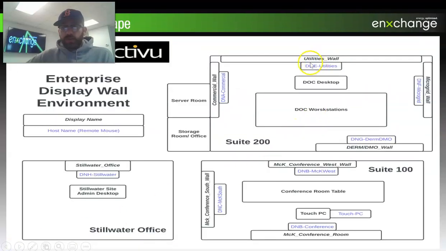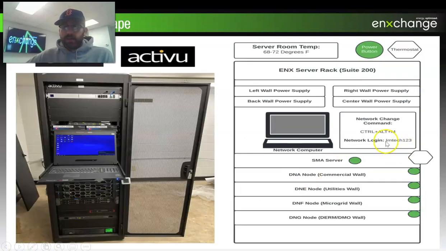So if you want to go to, say, the utilities wall, I know that this is actually DNE. That's display node E is what that stands for. I can go in here and click Control-Alt-M and navigate to DNE, and it'll show the system manager desktop that allows us to see all of that information.